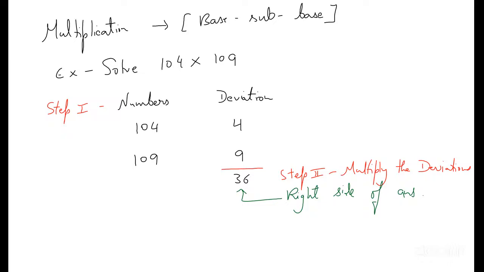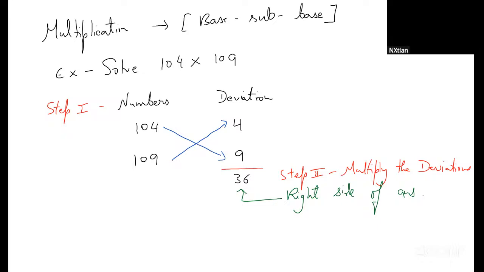Now, the next step is that we have to add 4 to 109 or 104 to 9. You don't have to do it twice because the answer is the same. If you do 104 plus 9 or 109 plus 4, we will get the same value.